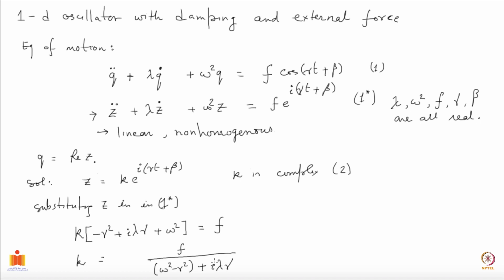I hope you have already noticed that the problem which you were having at resonance earlier is not here. It's not blowing up. It's getting regulated. You'll see it more clearly when I write down k in the polar form.